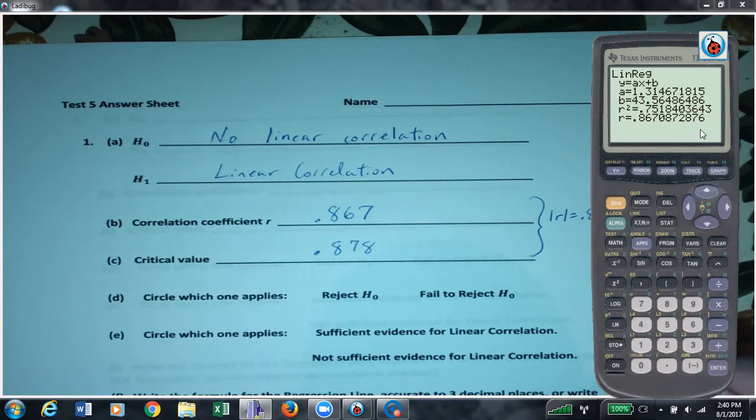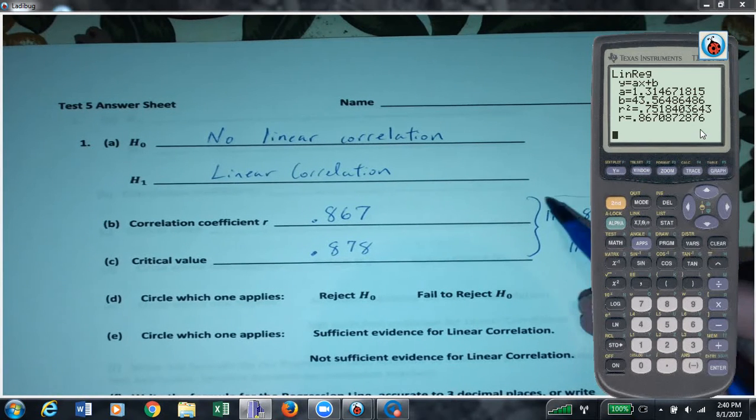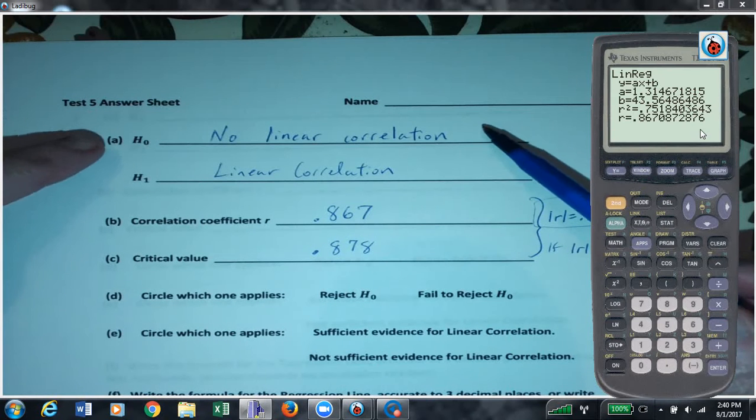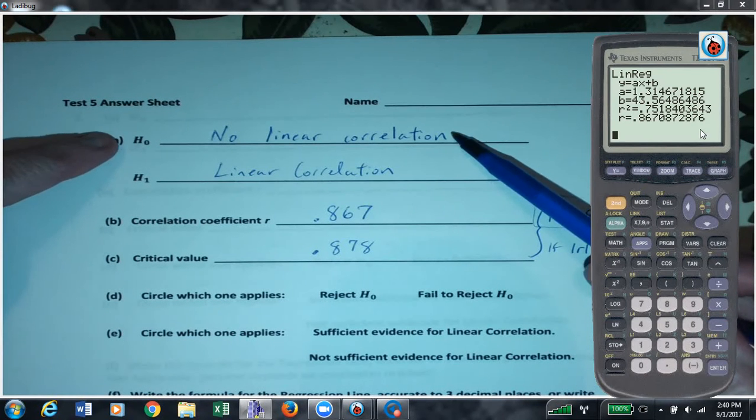And so the test is, if the absolute value of R is greater than the critical value, then we would conclude that there was a linear correlation. But that is not the case here. So we cannot conclude a linear correlation. So I'm not going to want to reject this.